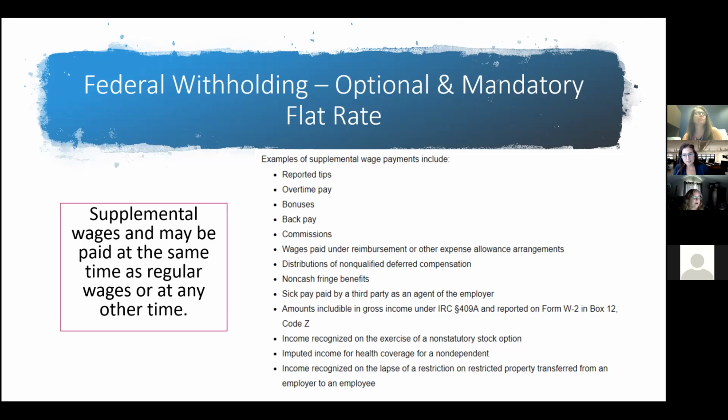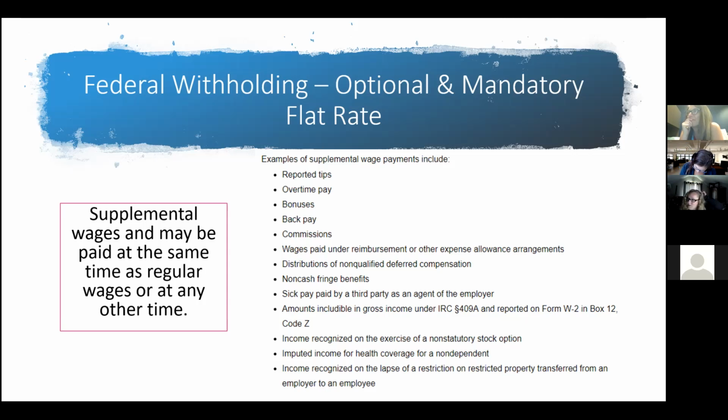The optional flat rate method: does anybody know the percentage for 2021? It's the same as 2020, if that helps. 22%. It is 22%. Good job. That's if you've made less than $1 million in supplemental wages.